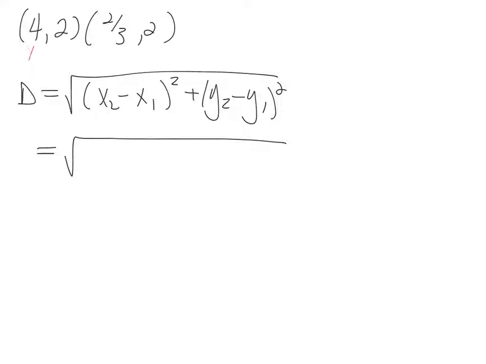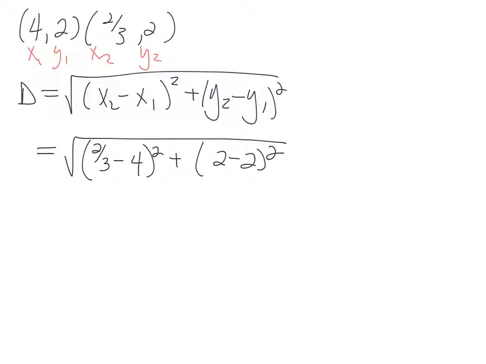So I can pick anything for x1, x2, it doesn't matter. I just need my x1 and my y1 to be together and my x2 and my y2 to be together. x2 minus x1, 2/3 minus 4 squared plus y2 minus y1, 2 minus 2 squared. And that makes sense because it's a horizontal line.